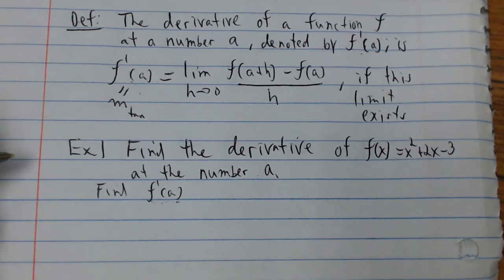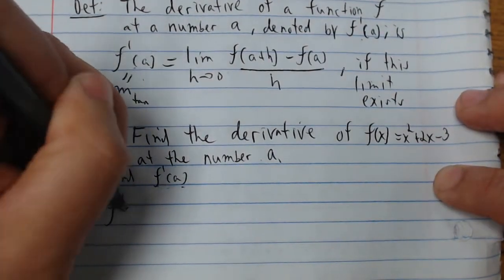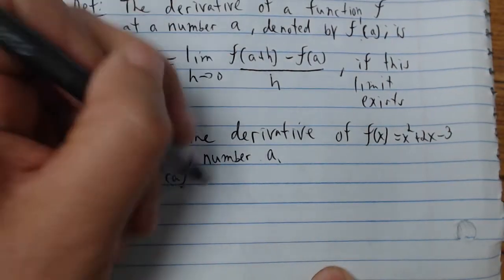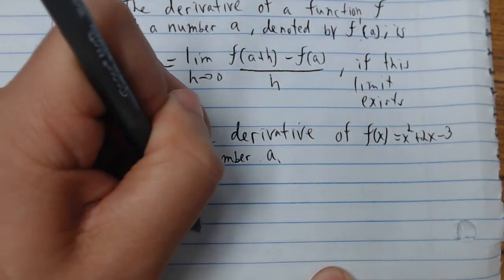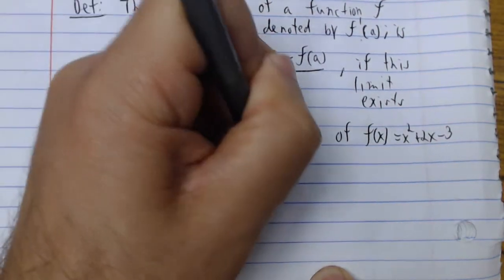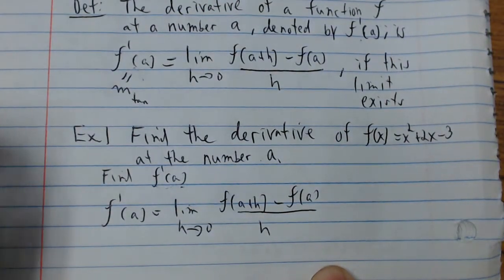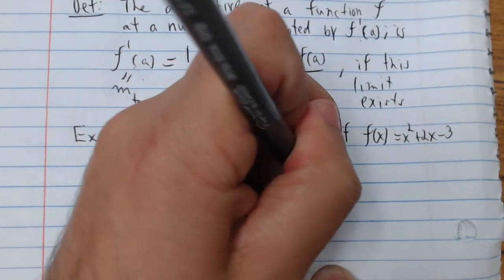So by definition, what is it that we're doing? We're saying f prime of a equals the limit as h approaches 0 of f of a plus h minus f of a all over h. So now we can go ahead and plug these in. So I'm going to go to the next page.